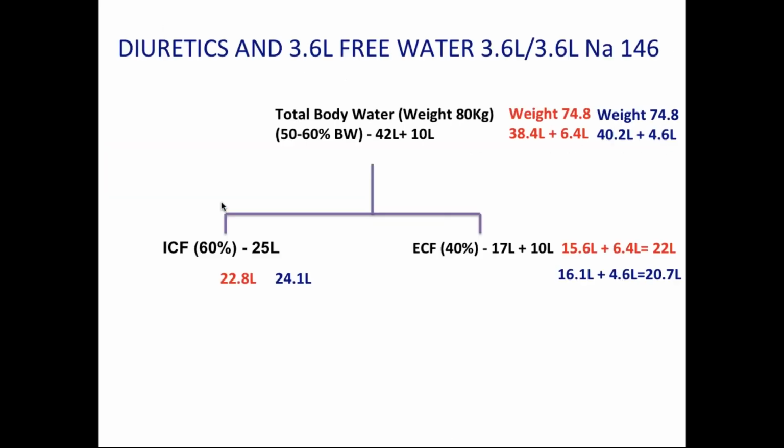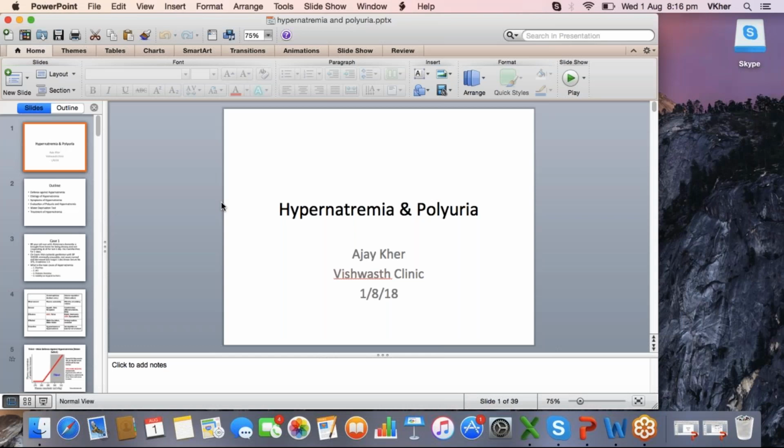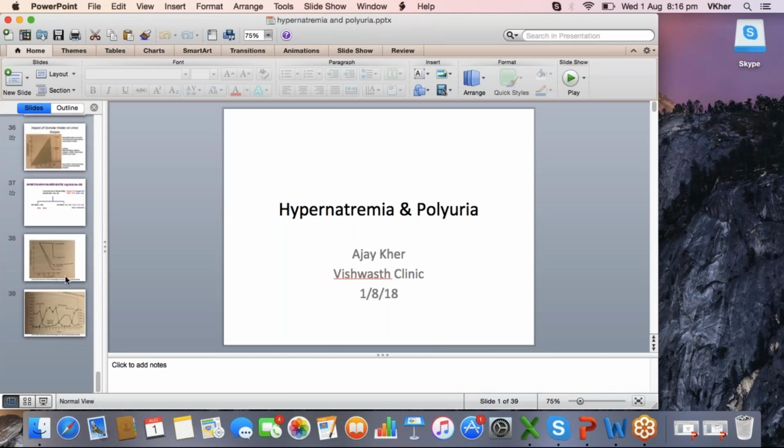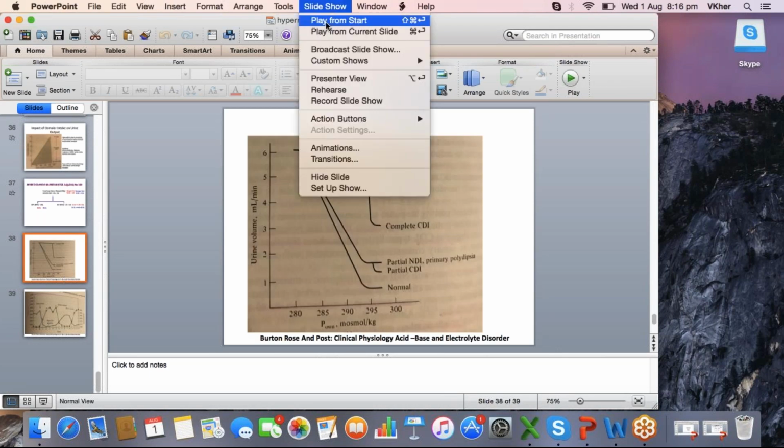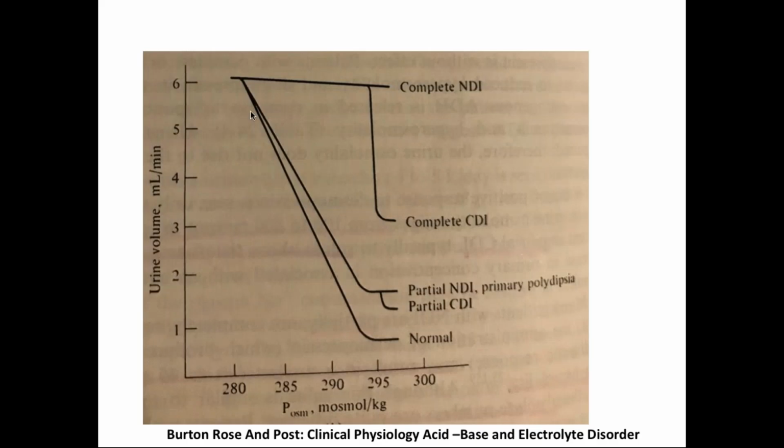So there is a urine volume. Let me get that. There are urine volume parameters that you can track with the water deprivation test. You can track the urine volume in ml per minute. Those with complete nephrogenic diabetes insipidus will have a straight line and not respond when you give DDAVP.